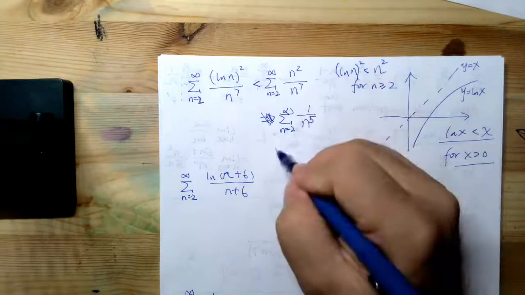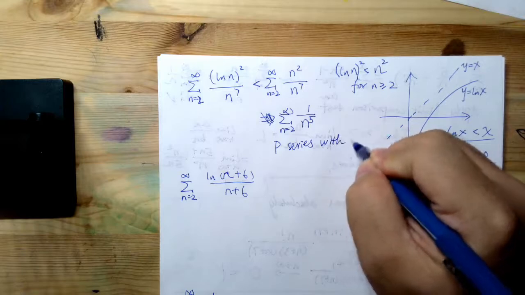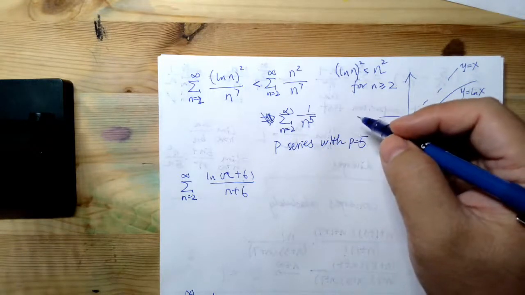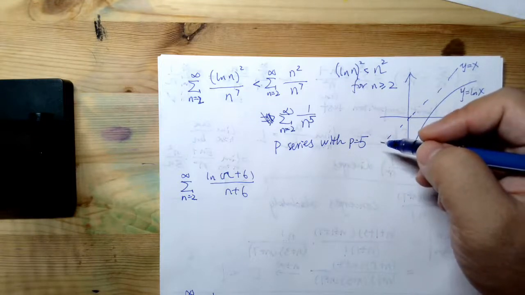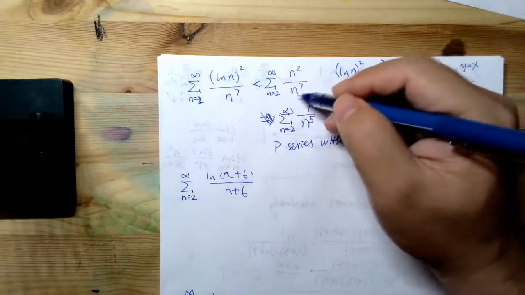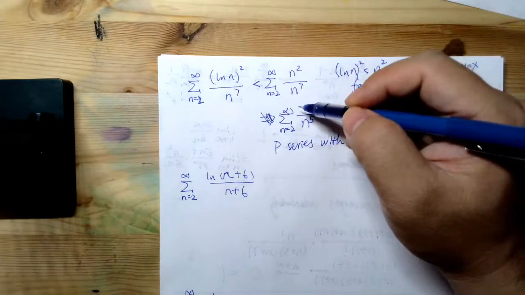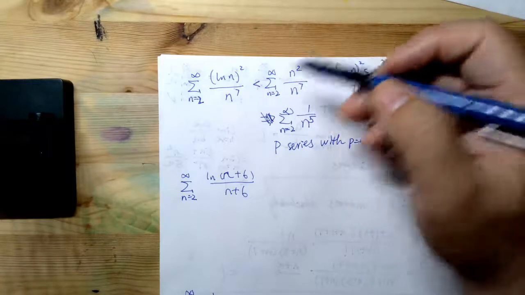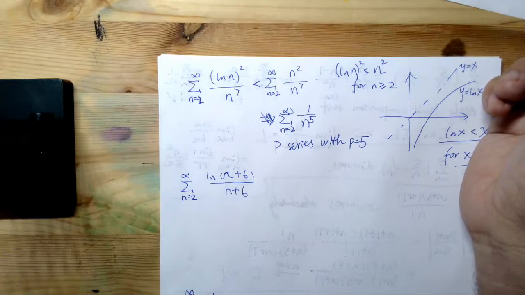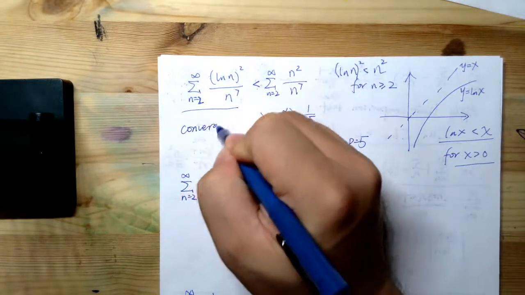Notice that this is a p series with p equals 5. And we know that a p series, when p is greater than 1, converges. Based on the direct comparison test, the larger series converges, hence our smaller series also converges.